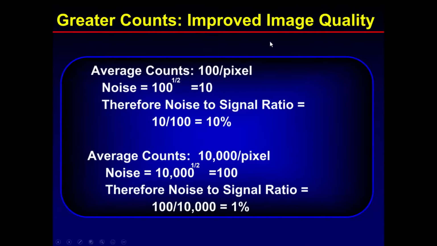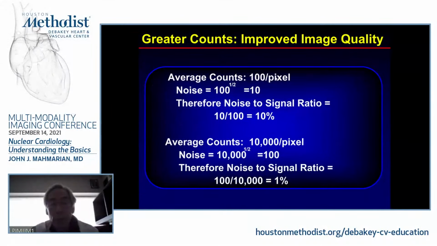The other issue is noise. Noise is not our friend, and the amount of noise is based on the amount of counts you attain in an image. So, for instance, if you have 100 counts per pixel, the noise is determined by the square root of the 100, so you would have 10% noise.